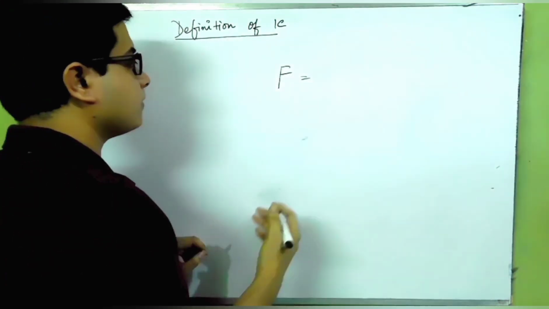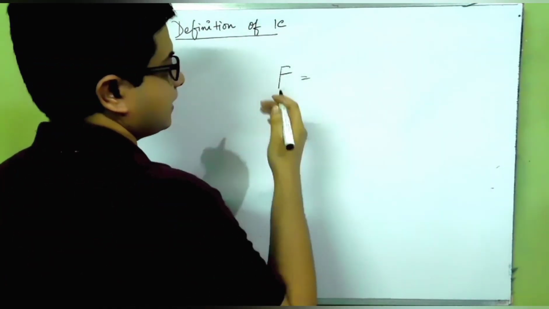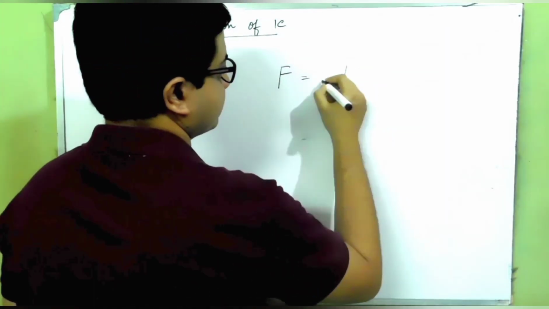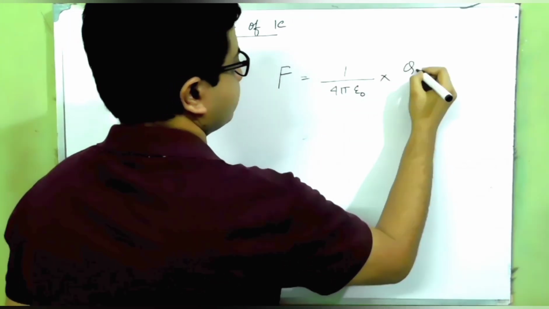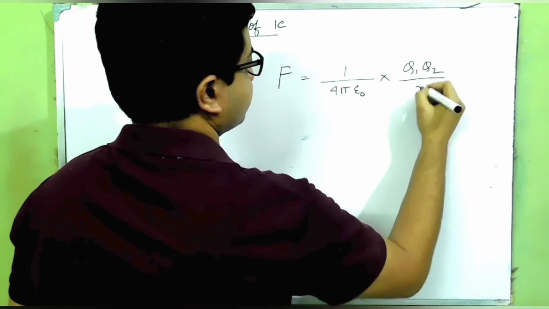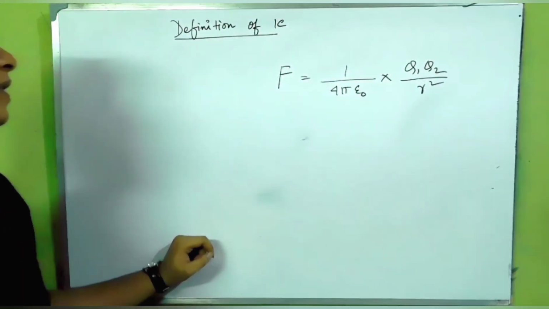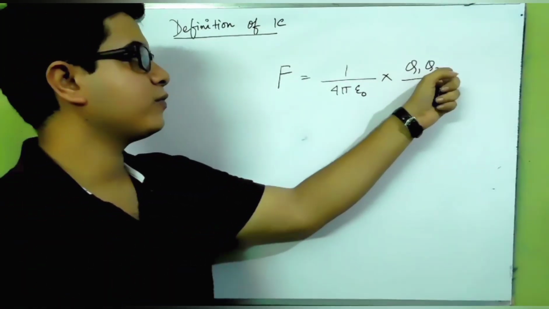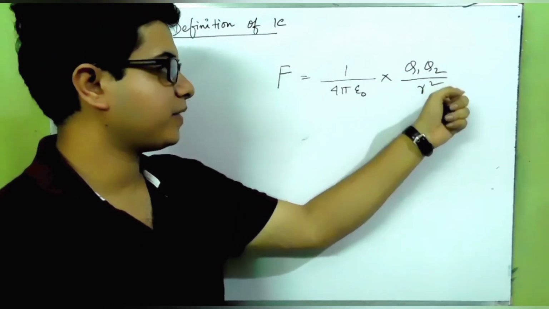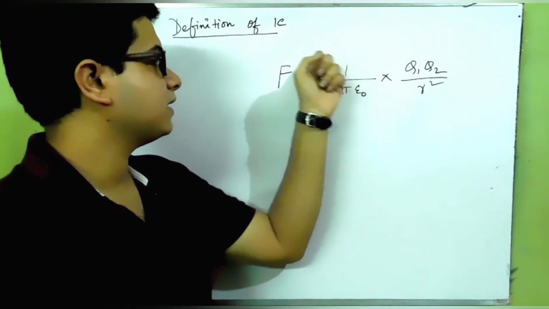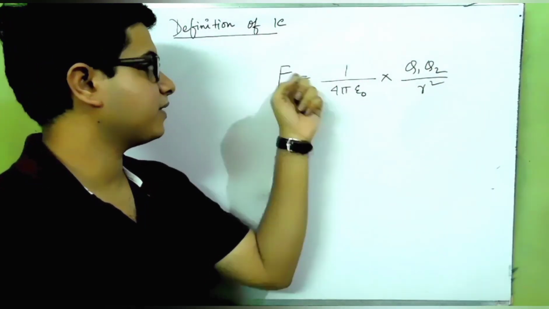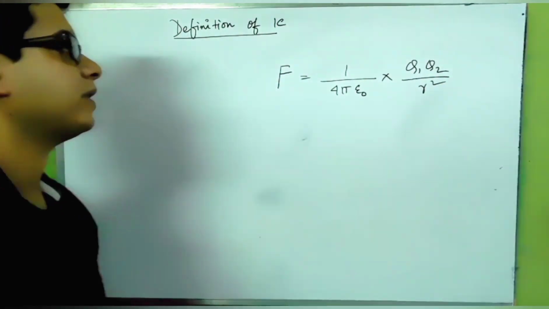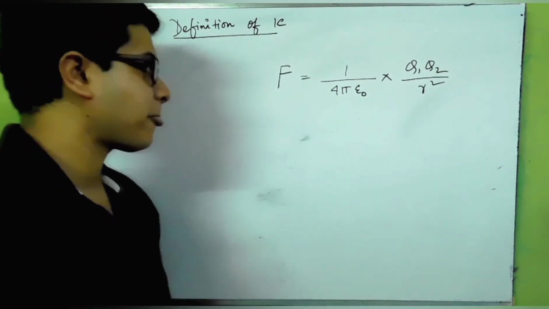So the formula is: the electrostatic force F is equal to 1 over 4 pi epsilon naught into Q1 Q2 divided by r square. So this is Coulomb's formal equation. Here Q1 and Q2 are the two point charges and the separation between them is r, and the electrostatic force acting between these two point charge particles is given as F equals 1 over 4 pi epsilon naught into Q1 Q2 by r square.